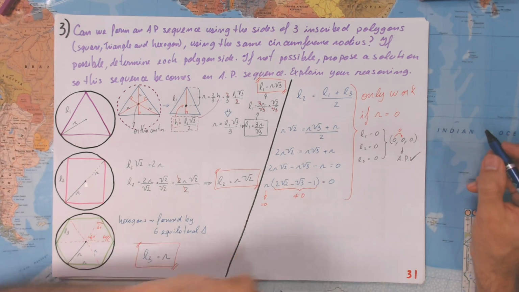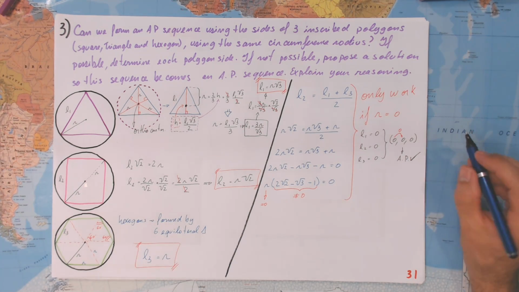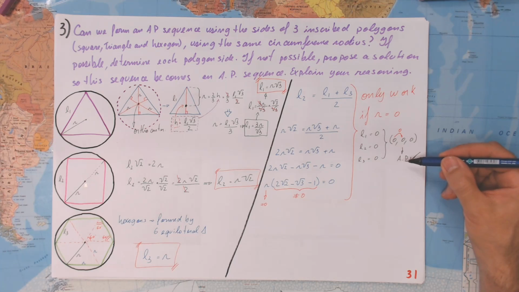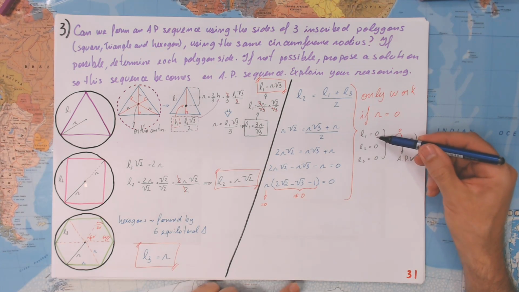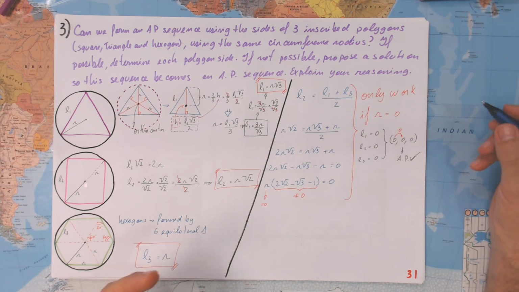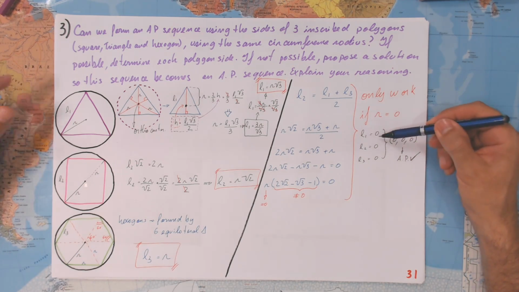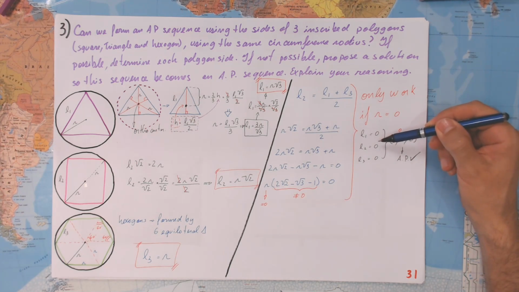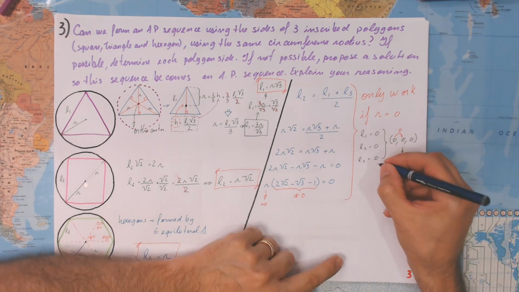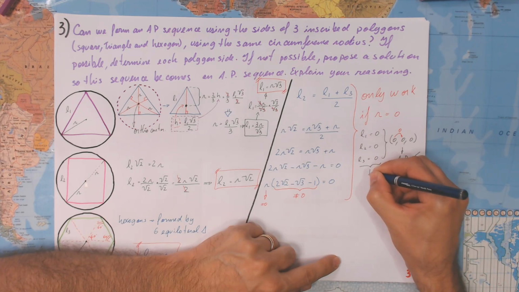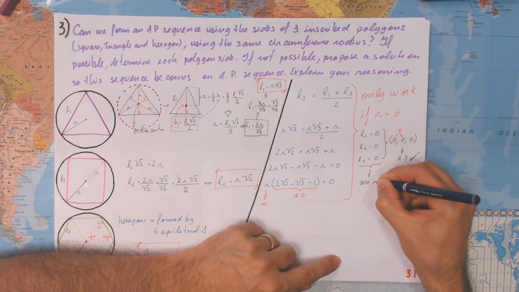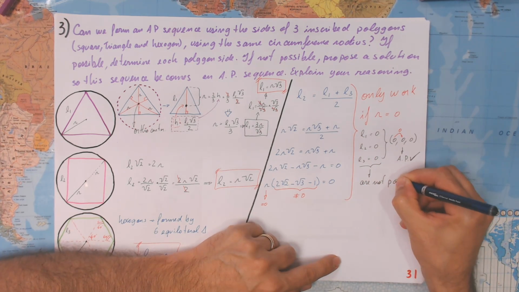Okay, but what happens is, although this is an arithmetic progression, now, do we have polygons whose sides are 0 in length? It's impossible. Okay, so those in here are not polygons.